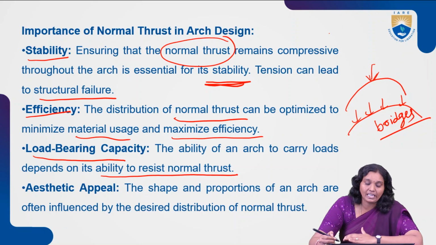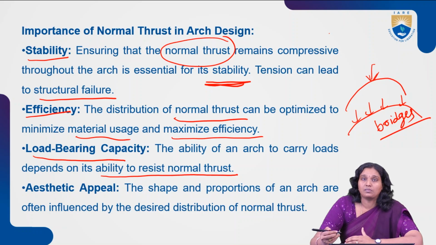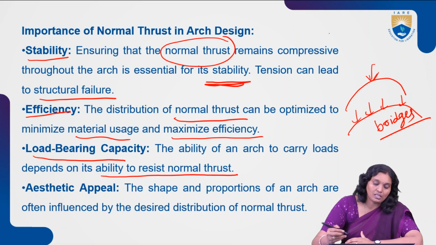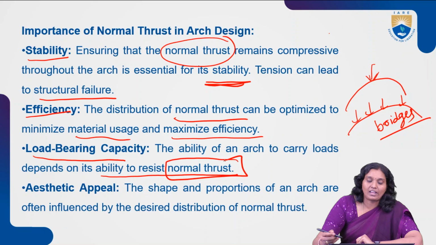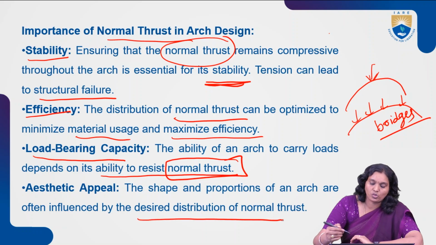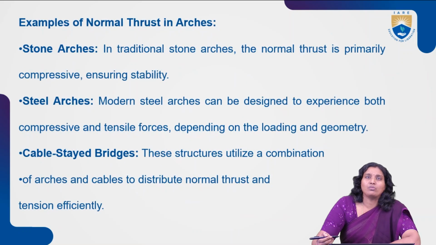That's why the ability of the particular arch to carry those heavy loads depends upon its ability to resist the normal thrust, so understanding the normal thrust is an important parameter. The shape and proportions of an arch are often influenced by the desired distribution of the normal thrust. These are the parameters which we are going to understand.